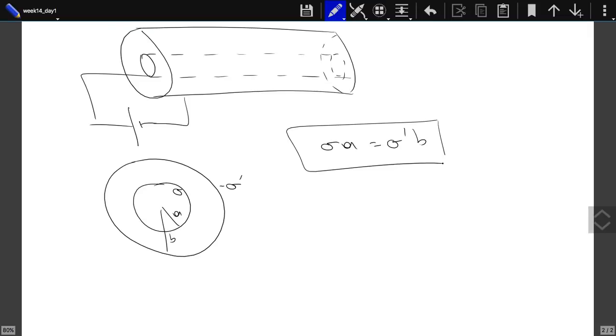And so we first need to determine the electric field. Now, to determine the electric field inside, we can just, let's say, take such a Gaussian surface.